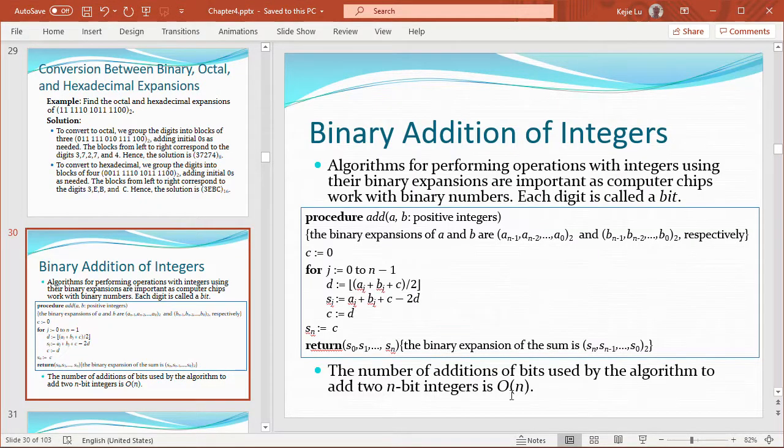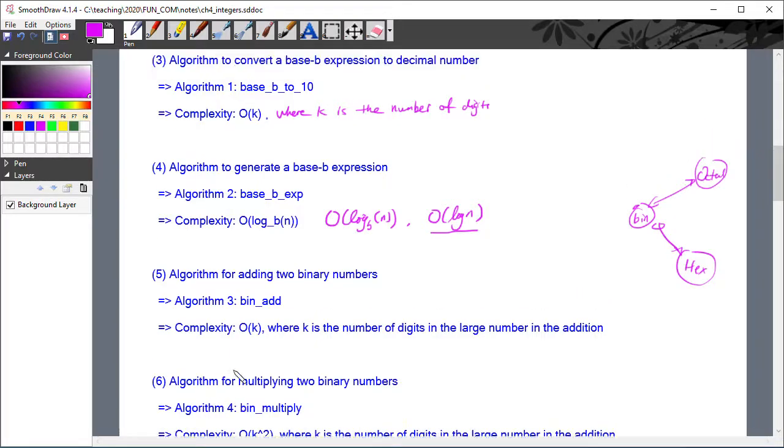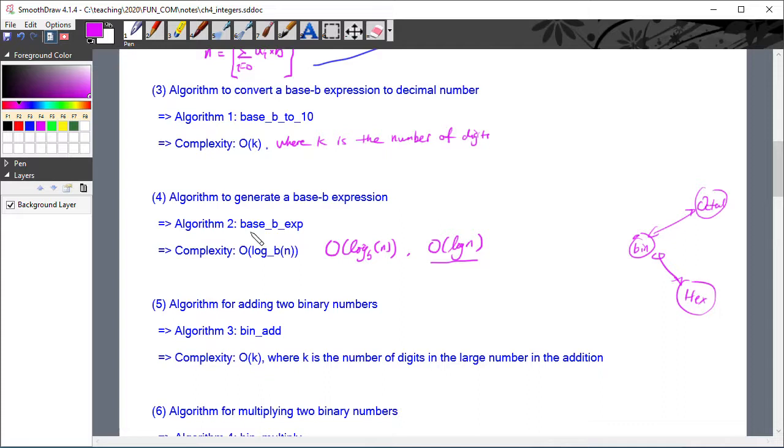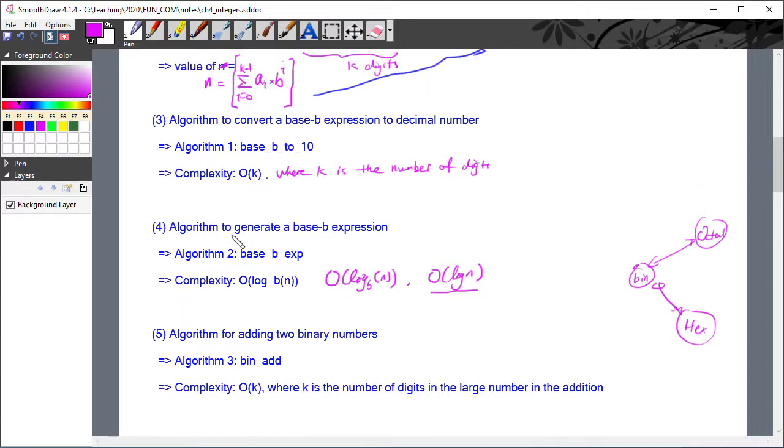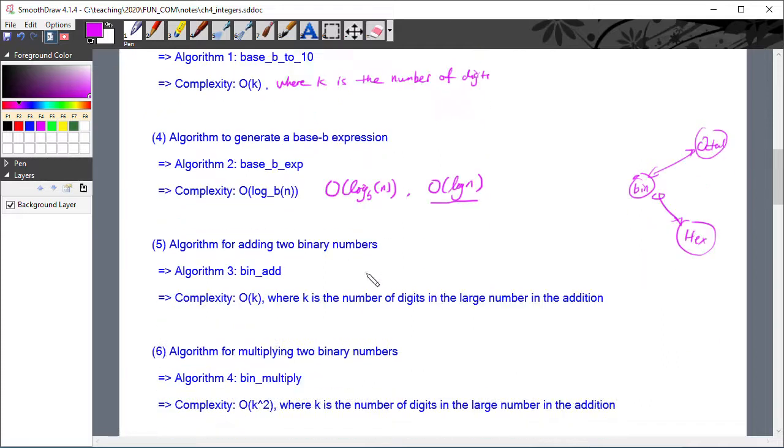You could use big O of n, it just depends on the definition. I'm using k because I used k previously for algorithm 1 to represent the number of digits. So I'm going to continue using k as the number of digits in the large number in the addition.